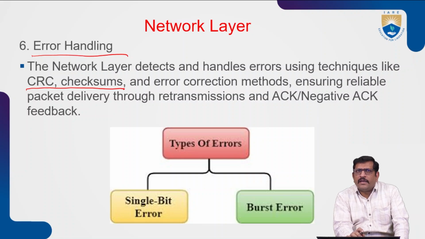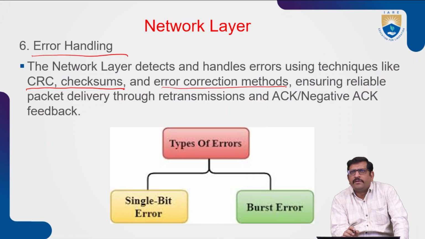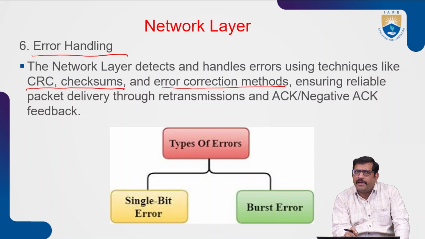Errors can be detected and corrected using error correction methods, so reliable, correct data can be transferred to the identified destination device. That means packet delivery can be done through the transmission.